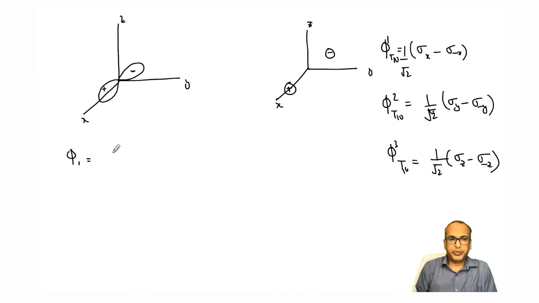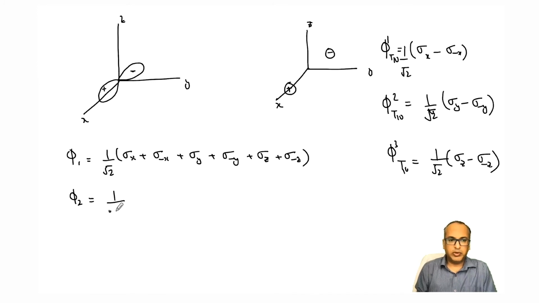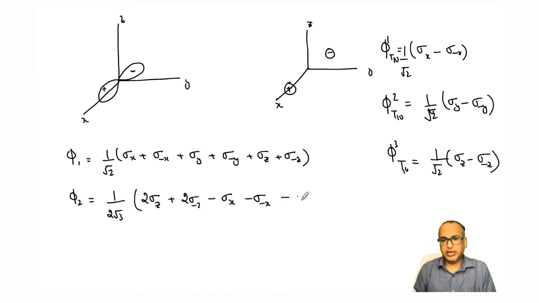So phi 1, we have sigma x plus sigma minus x plus sigma y plus sigma minus y plus sigma z plus sigma minus z, and this is 1 over root 6. Phi 2 was 1 over 2 root 3, this is 2 sigma z plus 2 sigma minus z minus sigma x minus sigma minus x minus sigma y minus sigma minus y.